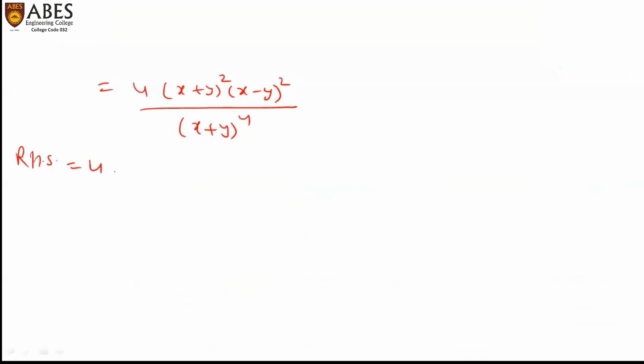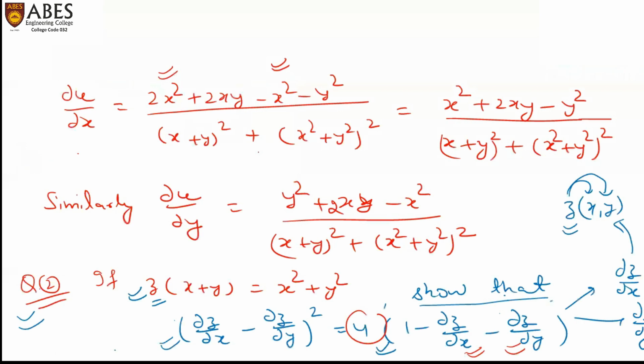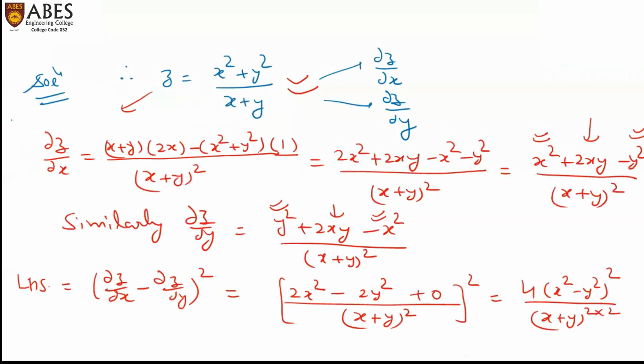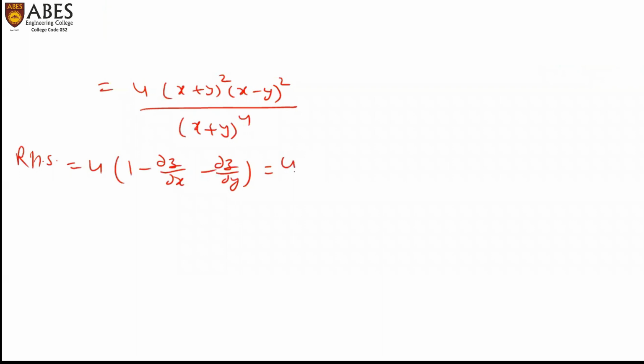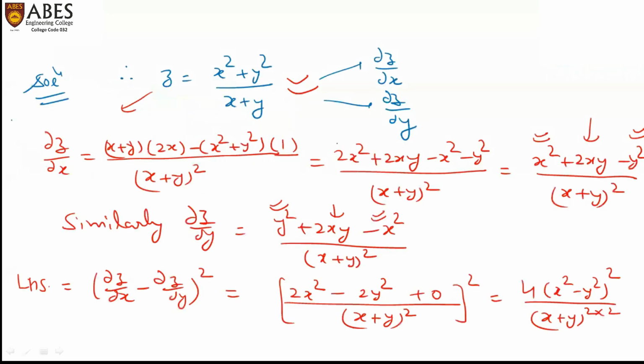So let us start the right hand side. For the right hand side, we have 4 into 1 minus del z upon del x minus del z upon del y. Now, we have to subtract these two derivatives from 1. So 4 into 1 minus, what is del z upon del x?